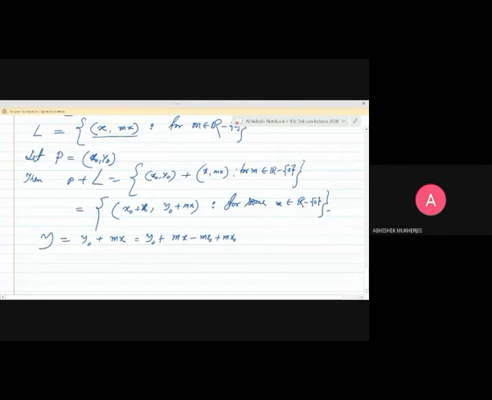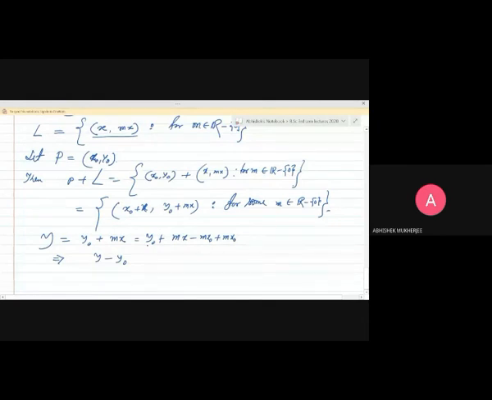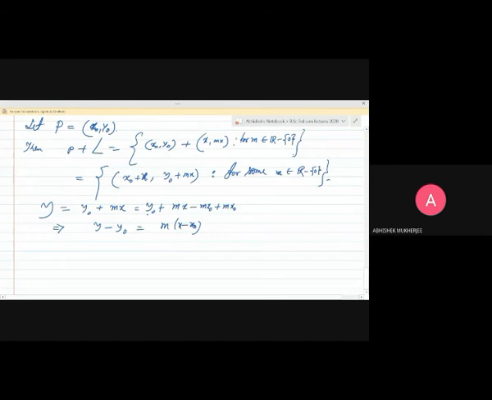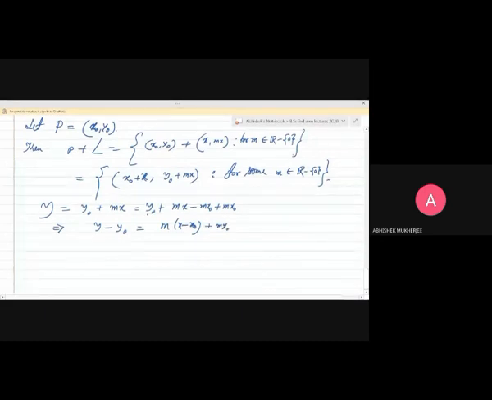So that means this is equal to y minus y0, and this is equal to m times (x minus x0) plus mx0.